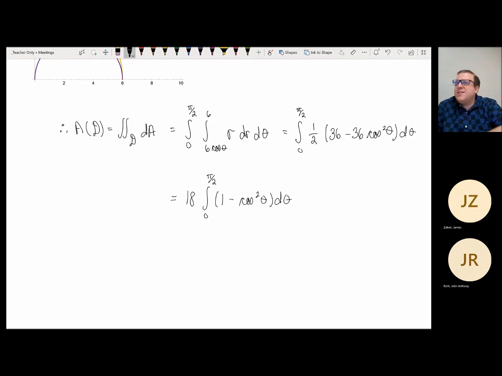Or you can just use the reduction identity on cosine to write cosine squared as a half plus a half cosine of 2 theta, which when you simplify gives you 1/2 minus 1/2 cosine of 2 theta. Then factor out that 1/2. You have 9 times the integral of 1 minus cosine 2 theta d theta.